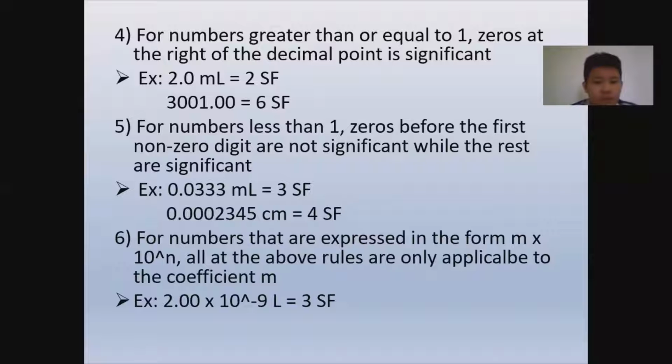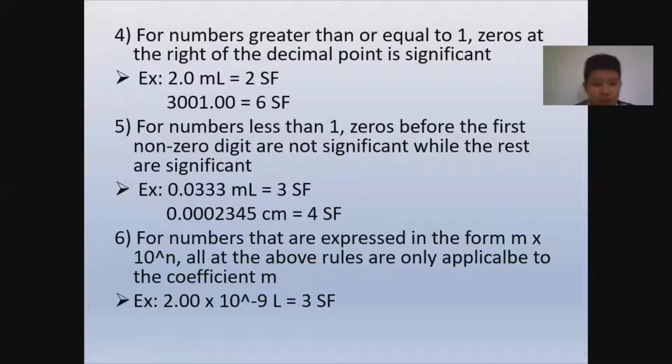And the fifth guideline: for numbers less than 1, zeros before the first non-zero digit are not significant, while the rest are significant. For example, 0.0333 milliliter is equal to 3 significant figures, and 0.0002345 centimeter is equal to 4 significant figures.